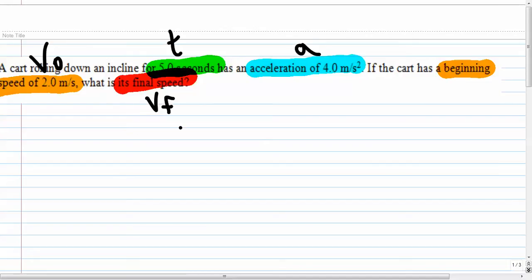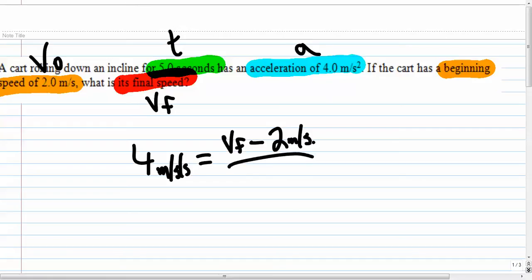So let's fill in what we know. A equals VF minus VO over T. So 4 meters per second squared equals VF, which we don't know, minus VO, and that was 2 meters per second, divided by T, and that was 5 seconds.